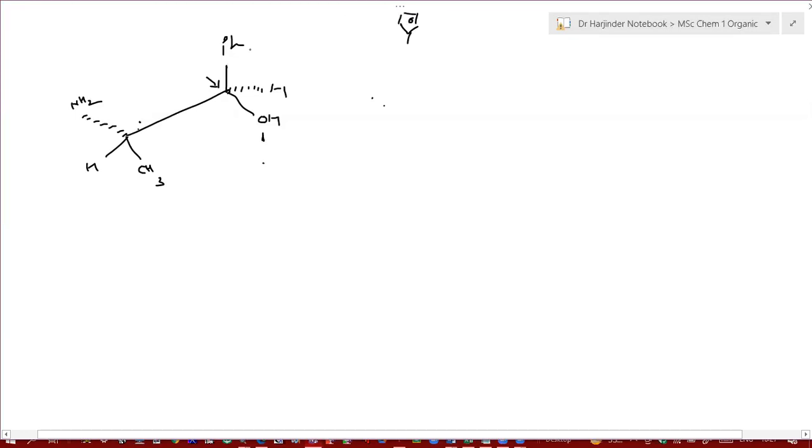Here you have phenyl, and in phenyl you have carbons. Here you have a carbon and then nitrogen. So number 2, number 3, number 4. It is moving clockwise. And the lowest priority group is already below the plane, so it will be R.